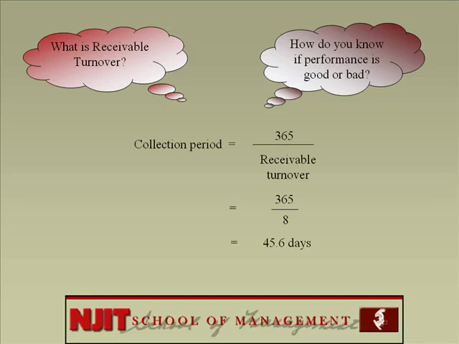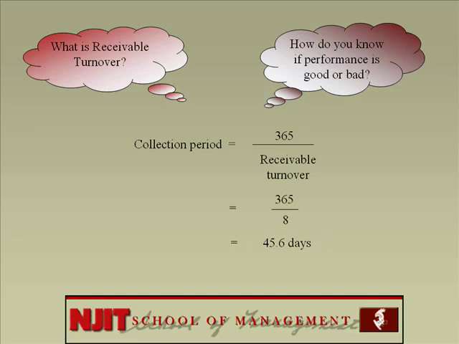In this case, it's 365 divided by 8, which is 45.6 days. What does that mean? It means the company takes about 46 days to collect cash from customers from the point of sale. So from the point of sale to the customer to the time they got the cash was 45.5 days.